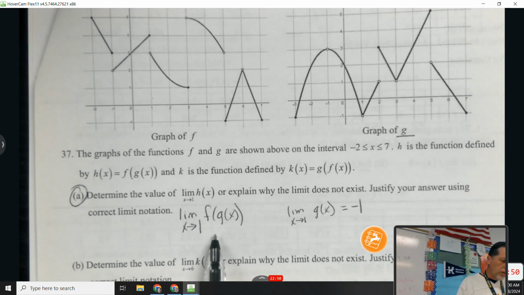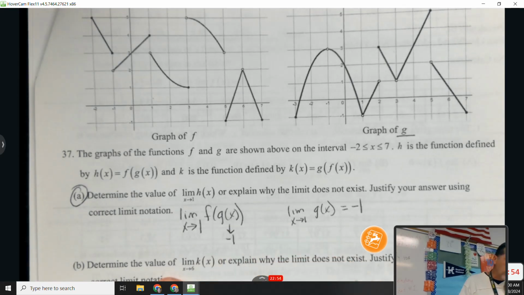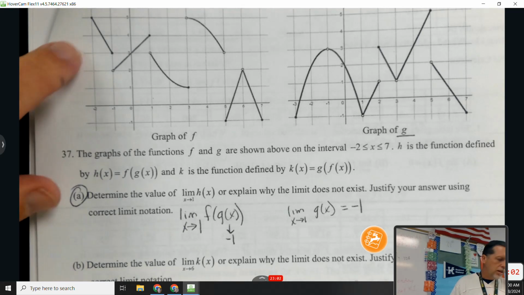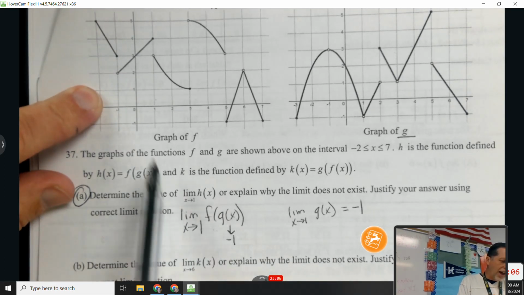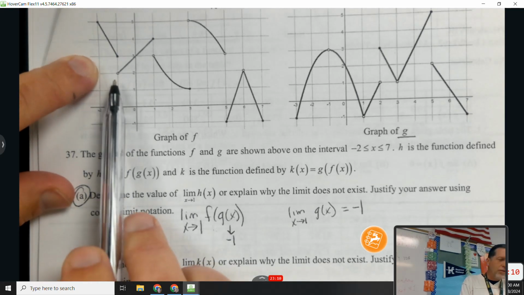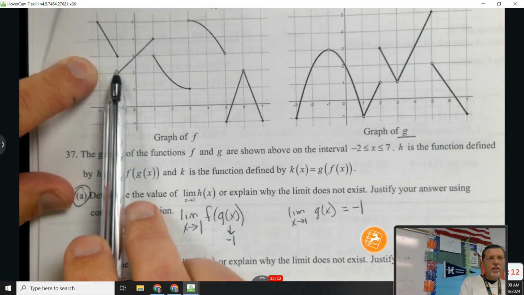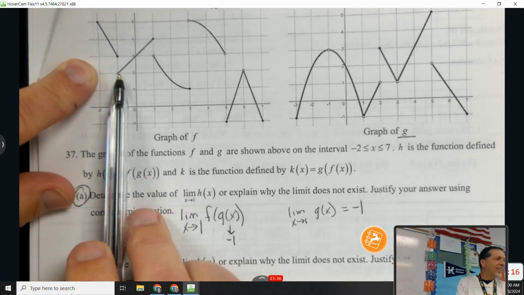So g of x is headed toward negative 1. Now let's see what f is doing as g is headed toward negative 1. As the input to f is headed toward negative 1, we think it does not exist because it's different from both sides.